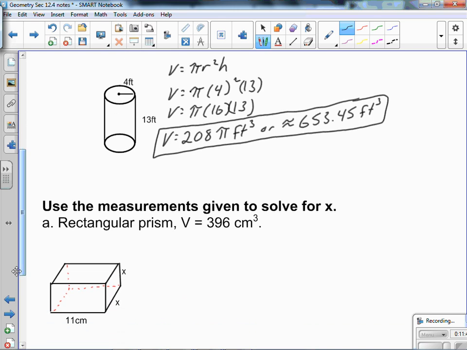Alright, so the next one, a little more difficult type of problem. We're going to use the measurements given to solve for x. Alright, so we have a rectangular prism.